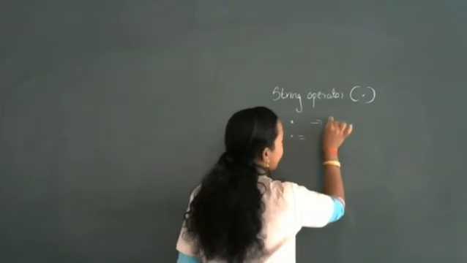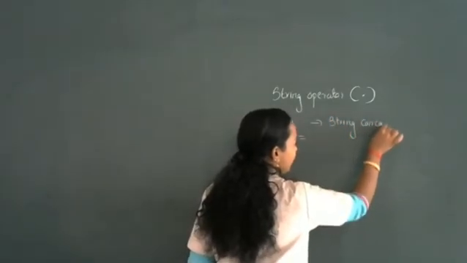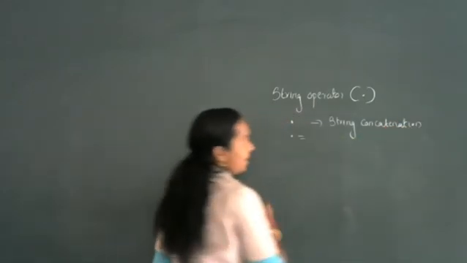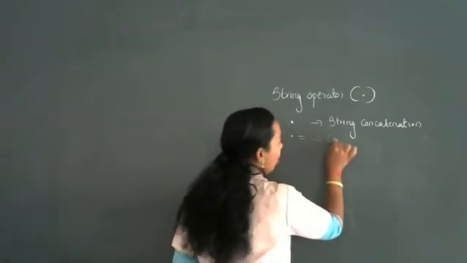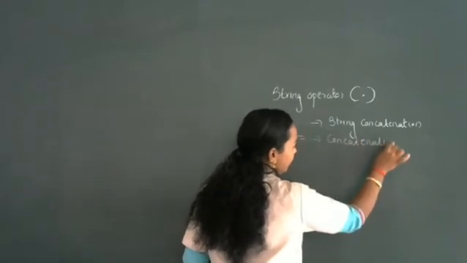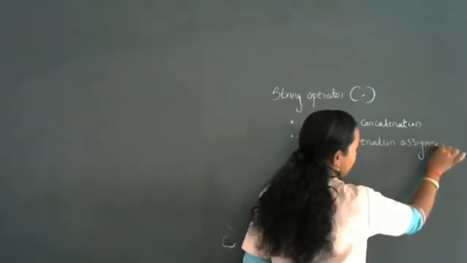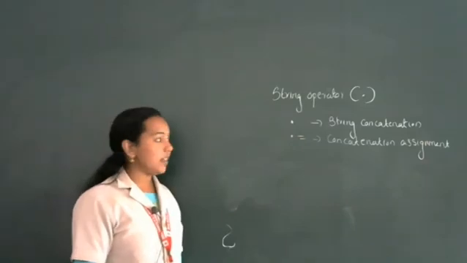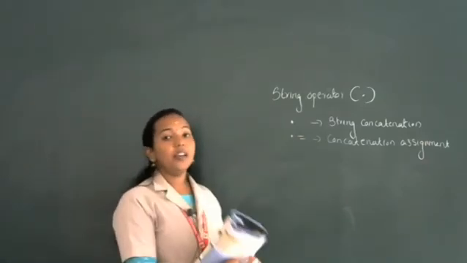The dot equal to is known as the concatenation assignment operator. First we are concatenating two strings. After that we are assigning that string to a new variable.